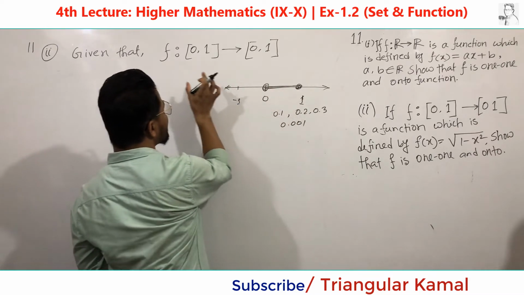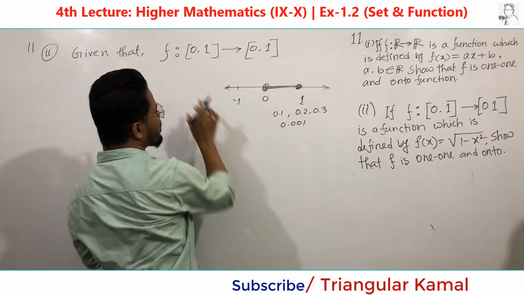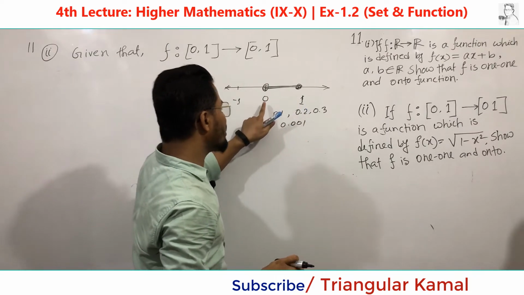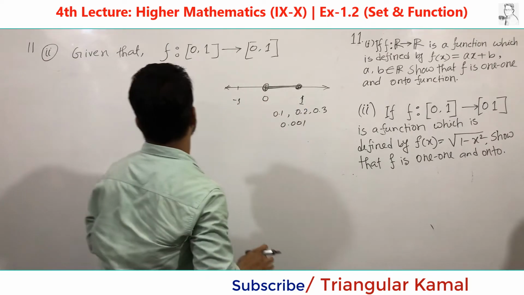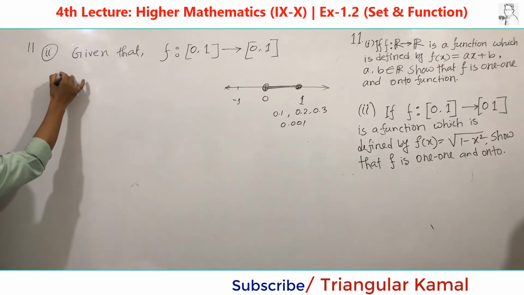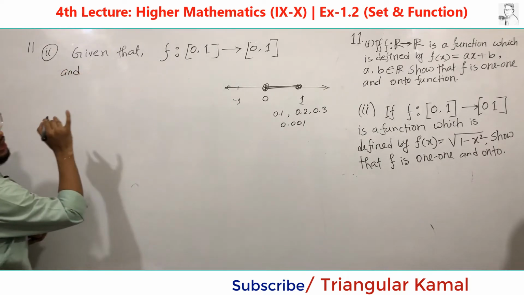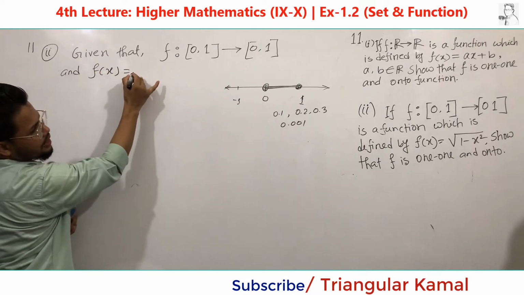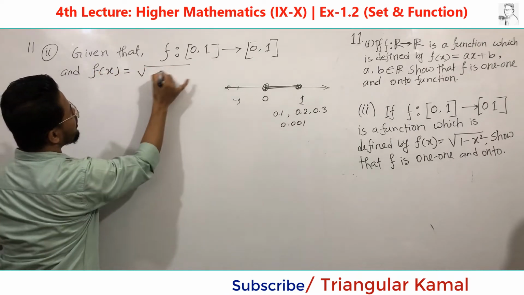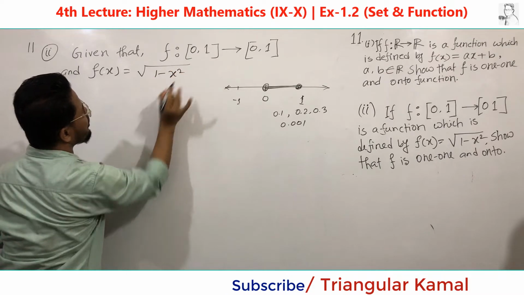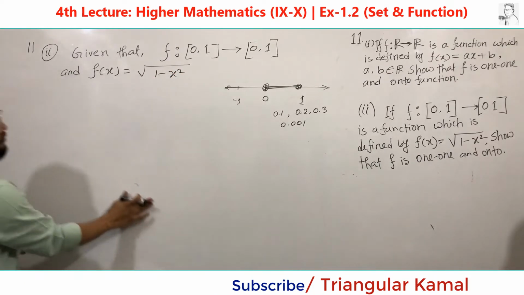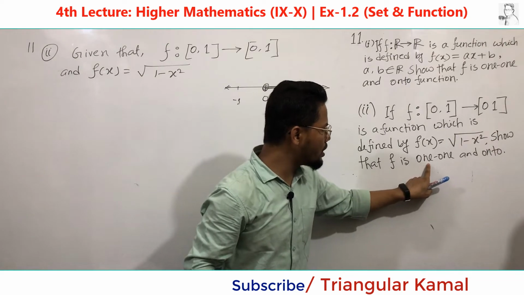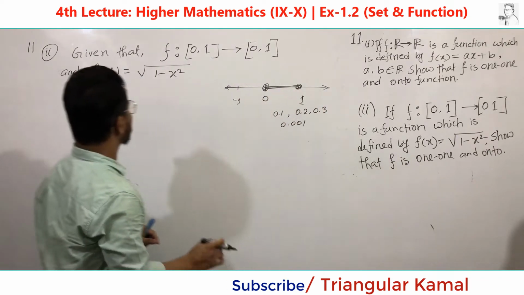That means for this function the domain and codomain are both positive numbers inside 0 to 1. Now, the function f of x given here is root over 1 minus x square. First we are going to prove, show that the function is one-one function.